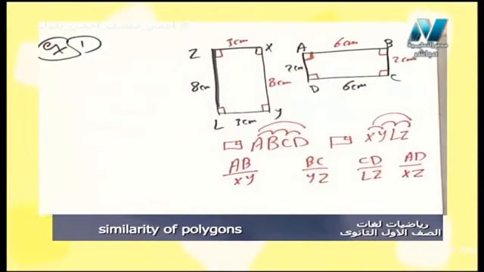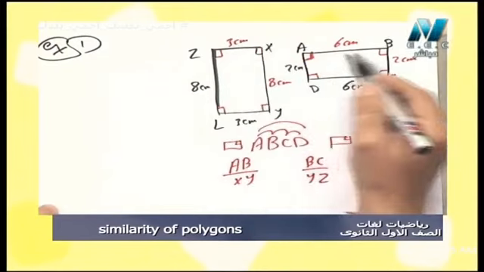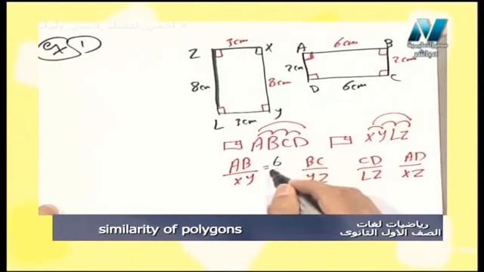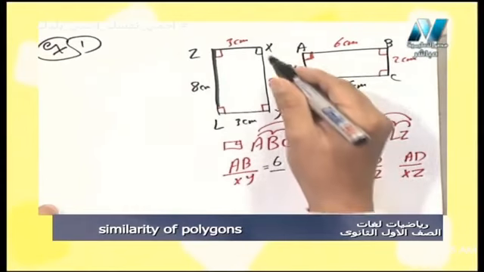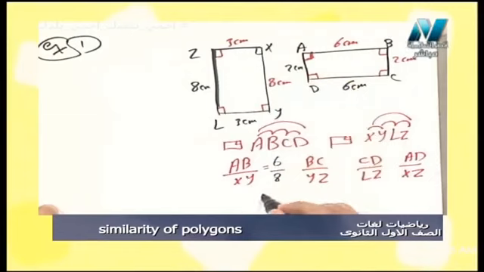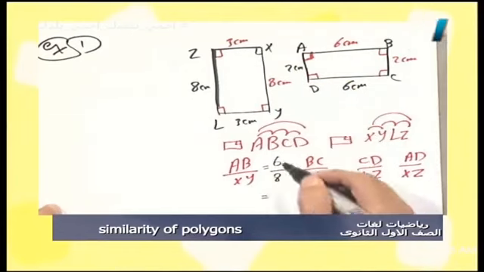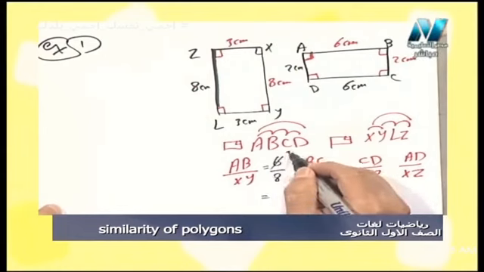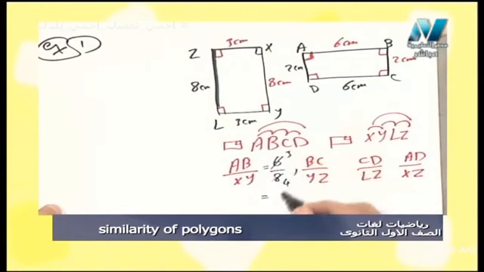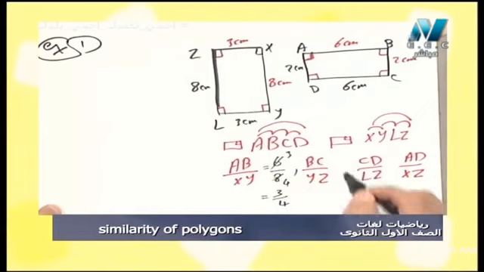So if we divide AB over XY, AB here equals 6 centimeters over XY equals 8. In simplest form, you can use a calculator, or mentally you can divide here by 2 equals 3, and by 2 equals 4. So it equals 3 over 4.